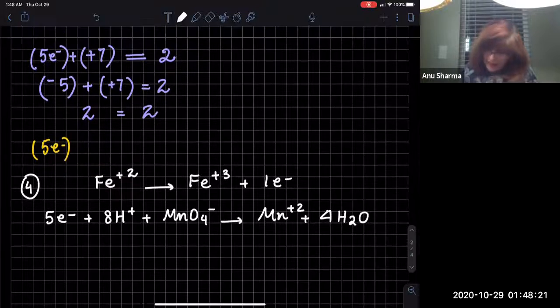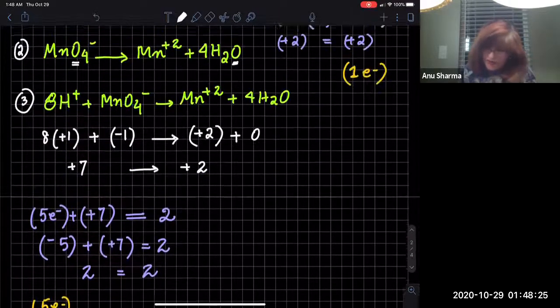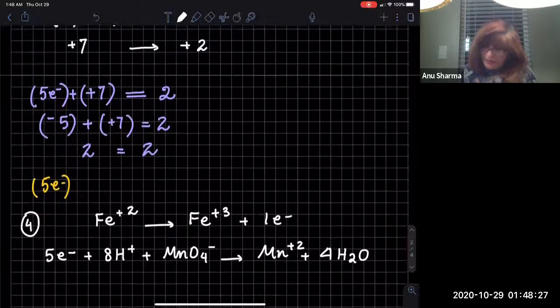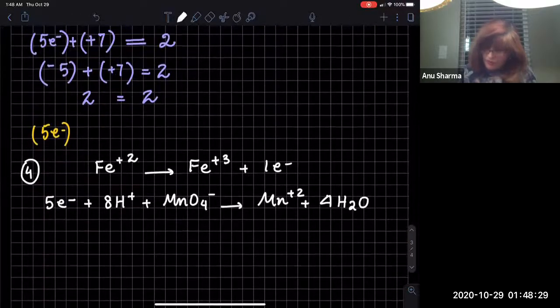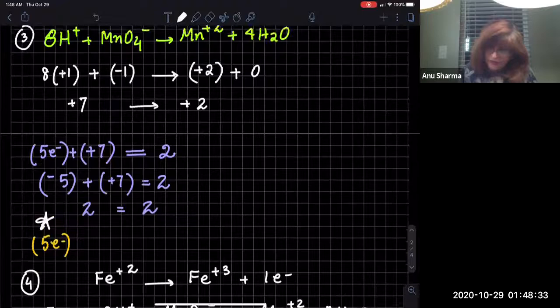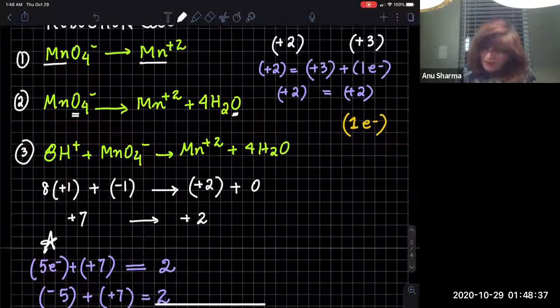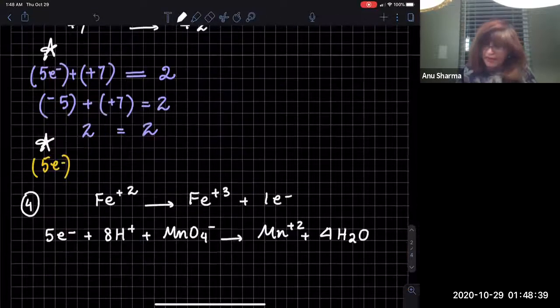So this is what we have: 8 hydrogens, MnO4, Mn plus 2, and 4 H2O. And then 5 electrons from here, the ones that were added to balance the charges, and here we have 1 electron that was added to balance the charges.